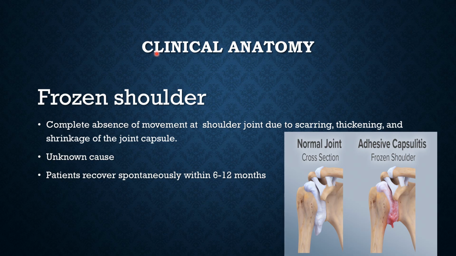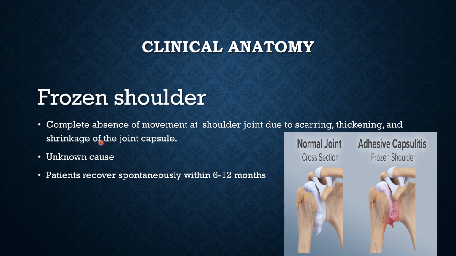There is a complete absence of all the movements, that is flexion, extension, lateral rotation, medial rotation, and circumduction. All these movements are completely absent due to the scarring, thickening and shrinkage of the joint capsule. Basically, the joint capsule here gets thickened or sometimes shrinks or sometimes is scarred, right?